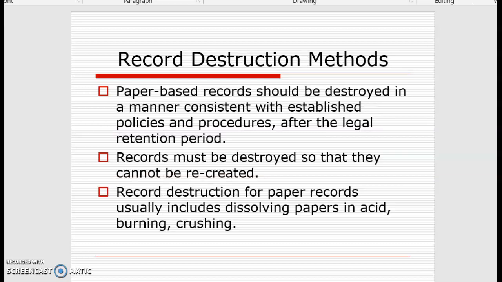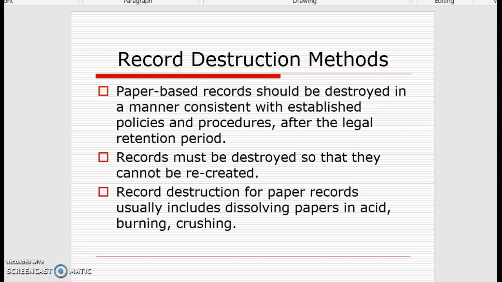Now let's say we want to destroy medical records because it's been past 10 years. We don't want to save them anymore. Or even possibly a site's closing and nobody wants the records. So now we have to do destruction. Paper-based records should be destroyed in a manner consistent with policy and procedures, after the legal retention.